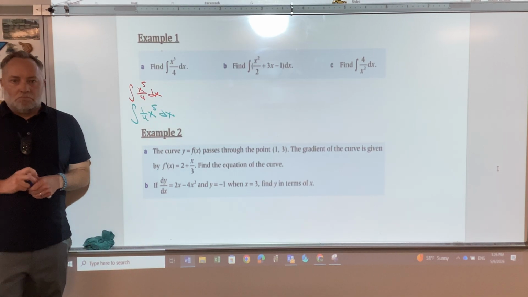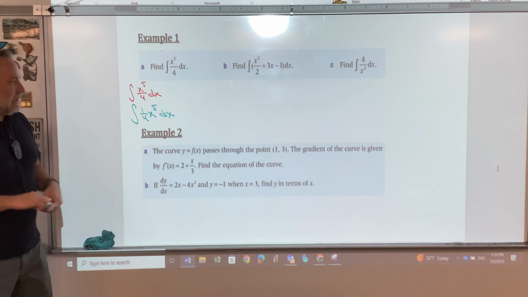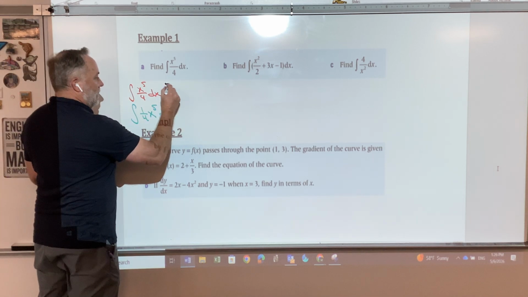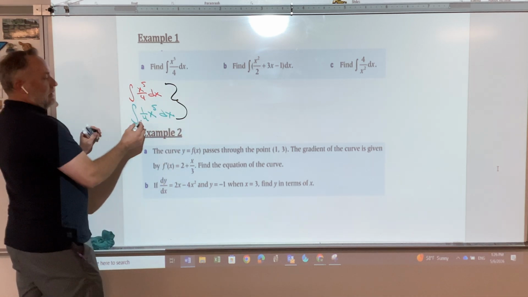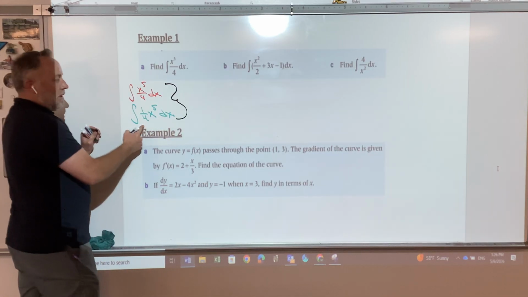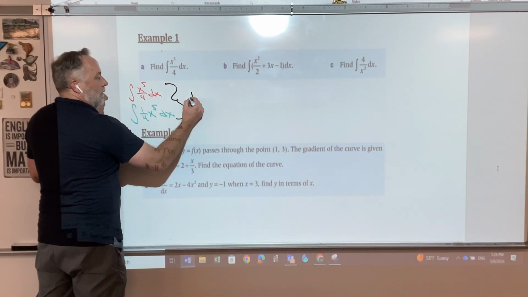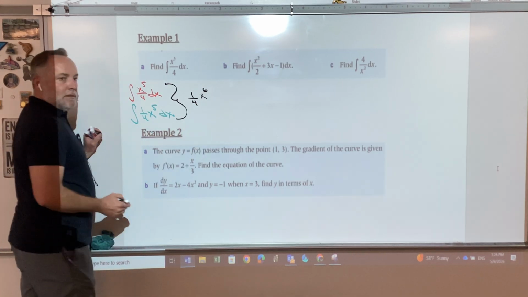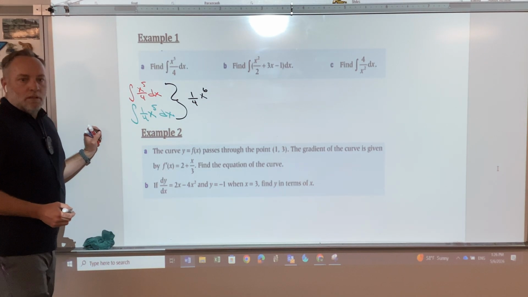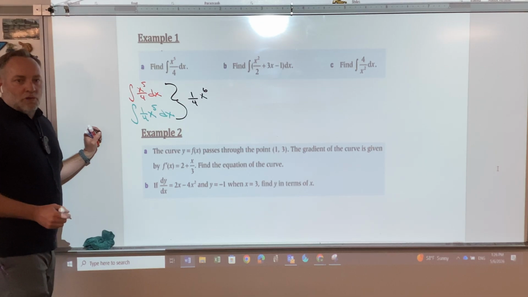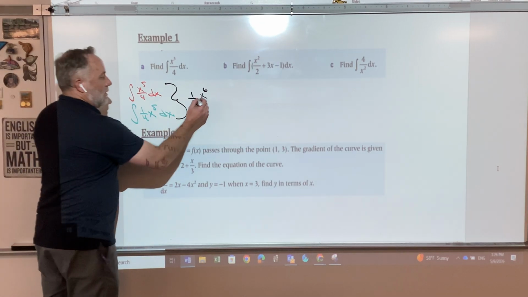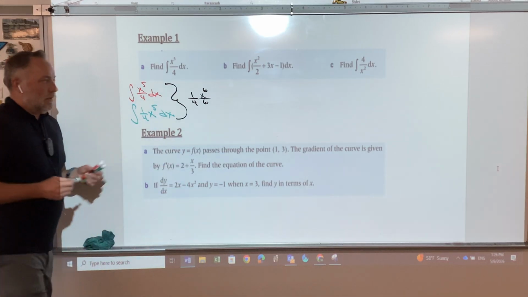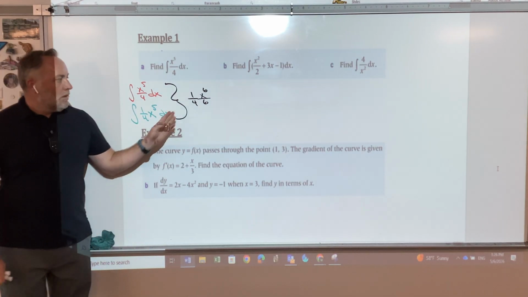Okay, so if we put these together, it's 1/4 x to the 6th divided by what? What's your new exponent? 6. So why was it still over 4?